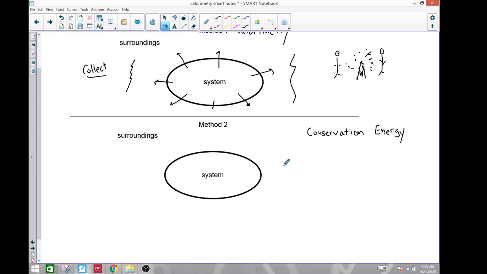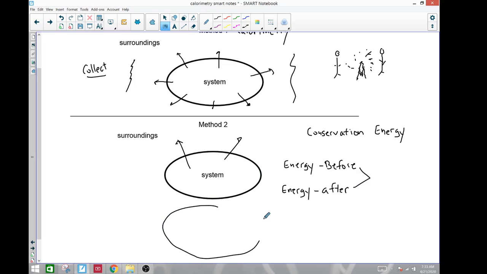If you knew how much energy was here before, and all of a sudden this thing gave off some energy, and it could also take in energy, it doesn't really matter, and then after it's done you look at the energy afterwards, then if energy cannot be created or destroyed, it's a finite item, you could track the system before and the system after.